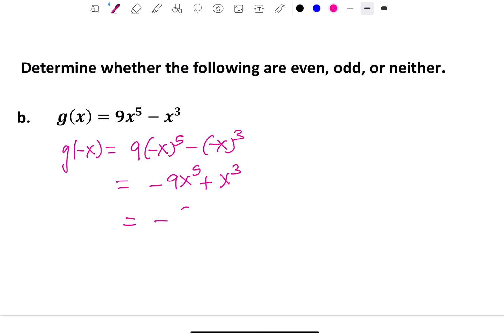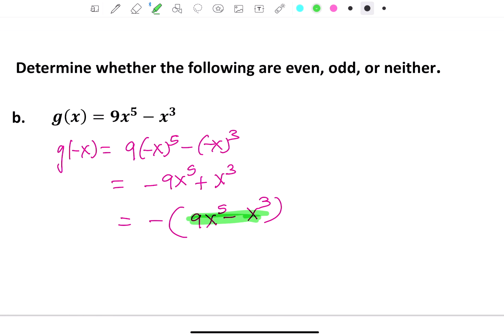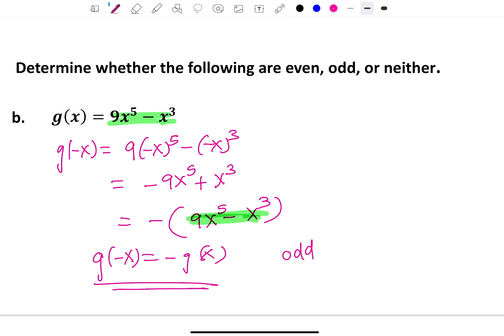And if I pull a negative out of it, I'm able to get the original function back. So we can say here that g of negative x is equal to negative of g of x. That means this is an odd function. If g of negative x is the negative of g of x, that is the opposite of the original function. If we replace x by negative x, that's an odd function.